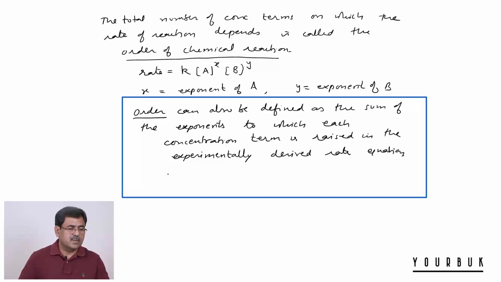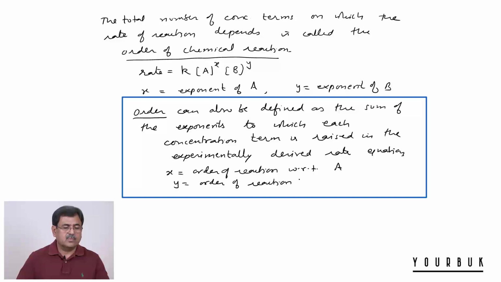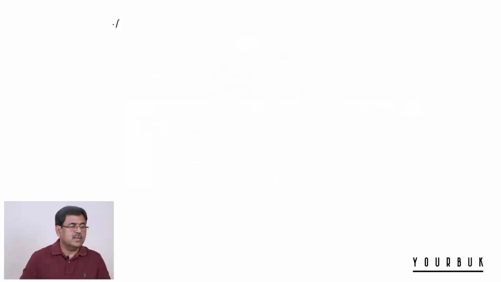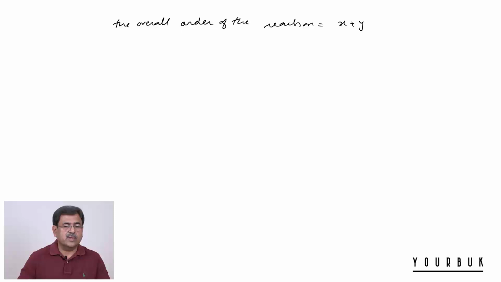So in this case, x is the order of reaction with respect to A and y is the order of reaction with respect to B. And the overall order of the reaction is equal to x plus y.